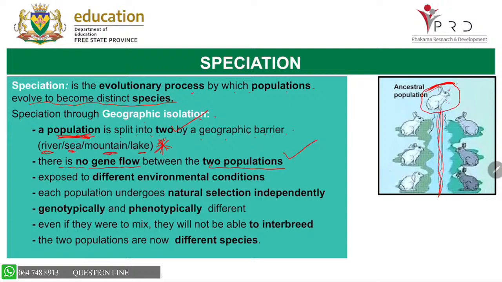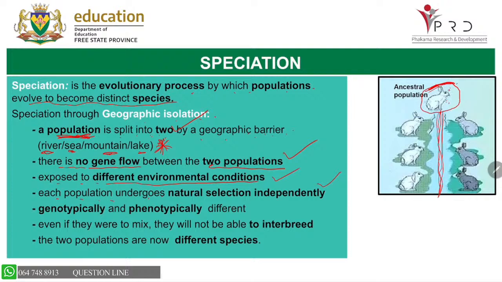See? Now, these populations are exposed to different environmental conditions because the conditions on this side cannot be the same as the condition on the other side. Then, each population undergoes natural selection independently.